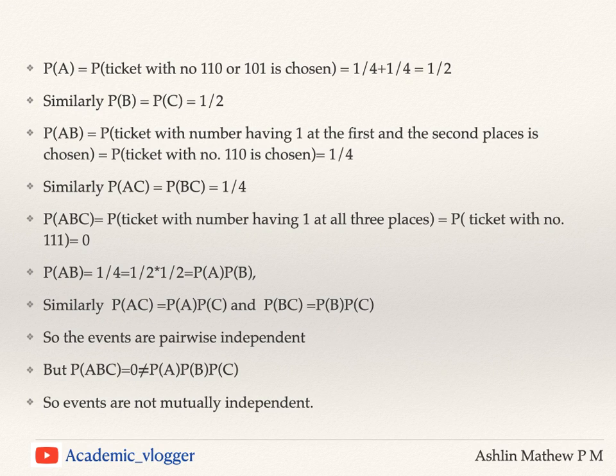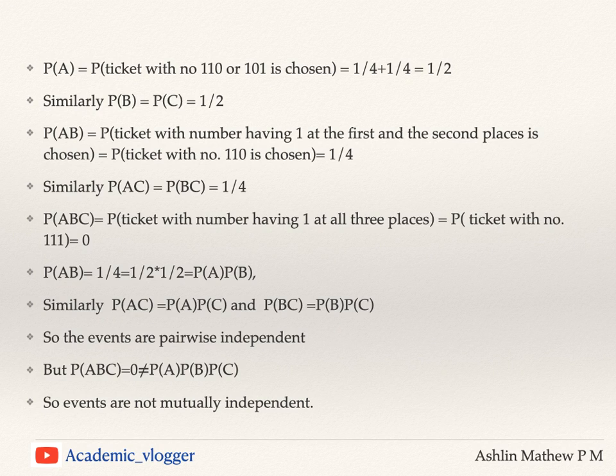Each ticket is chosen with a probability of 1 by 4. Since there are 2 tickets, we get the probability of A as 1 by 2. Similarly, we get the probability of B and the probability of C also as 1 by 2. So all those events A, B and C have probability 1 by 2 each.